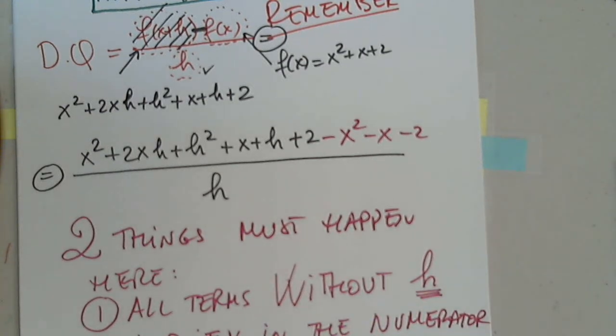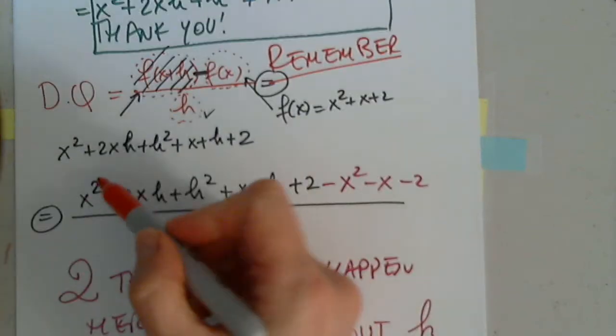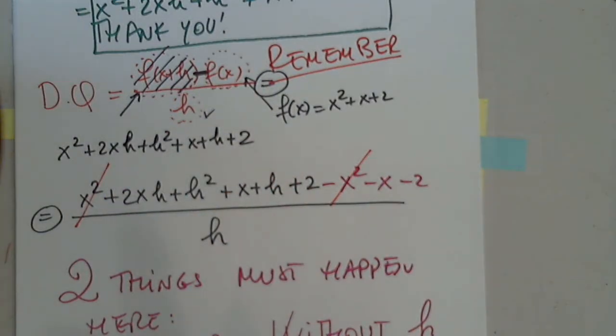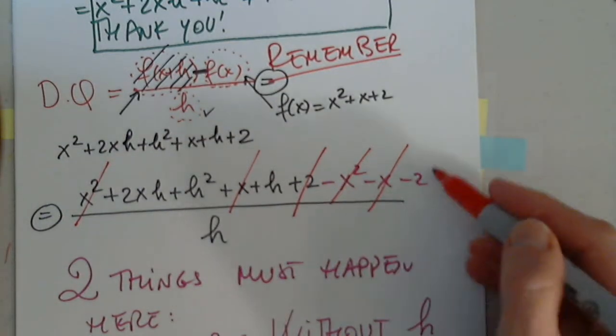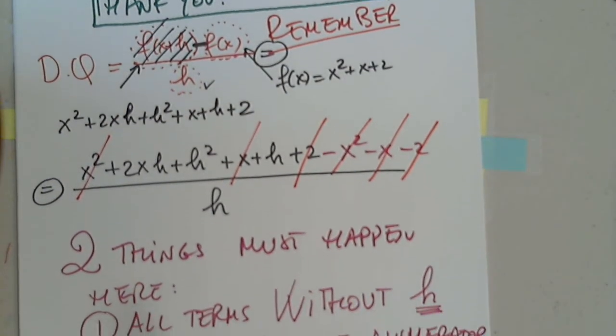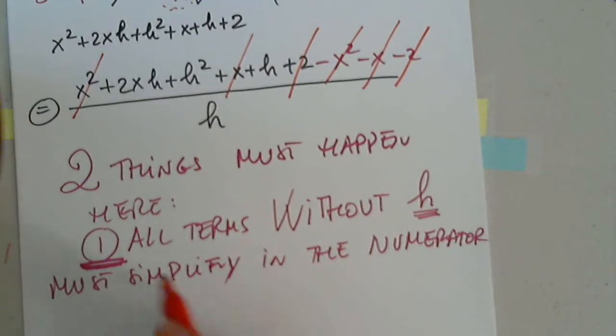Let's see if that happens. If this doesn't happen, I made a terrible mistake somewhere. So do all terms without h in the numerator, specifically in the numerator, do they all go away? Yes. Because x squared with negative x squared, positive x with negative x, and positive 2 with negative 2. Great.